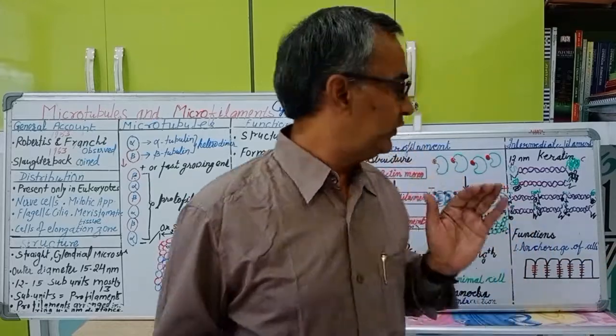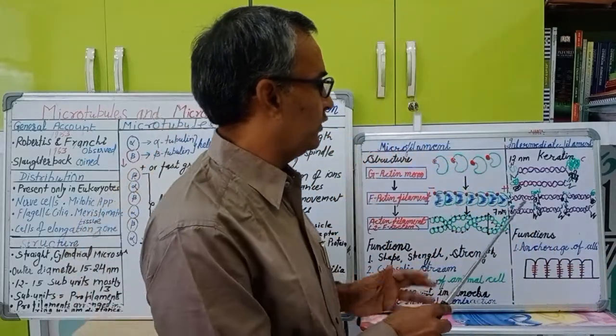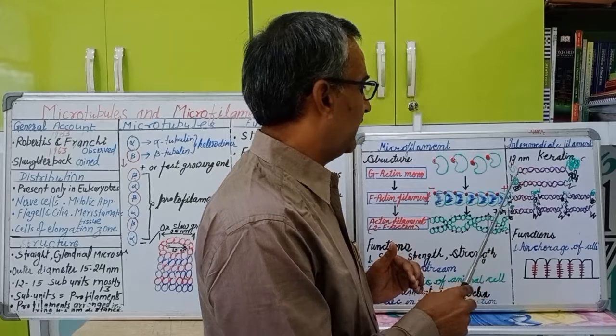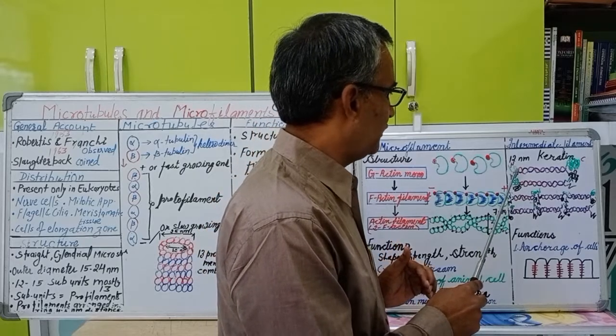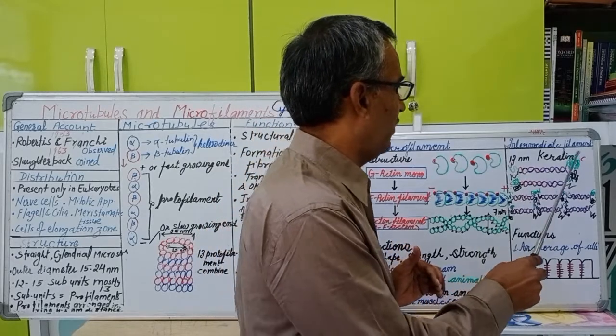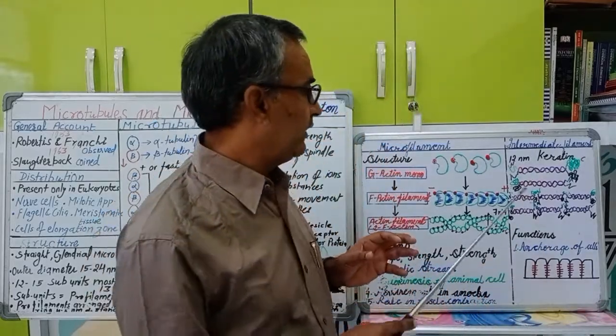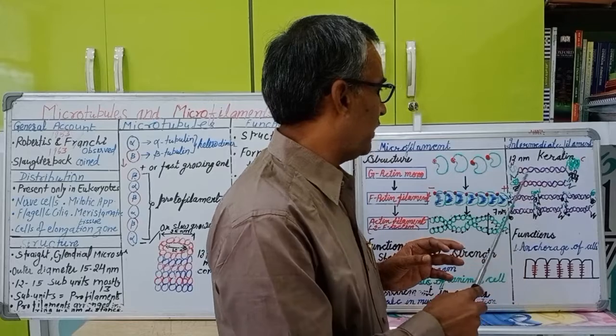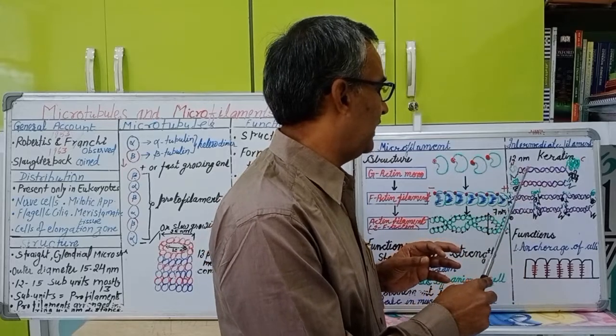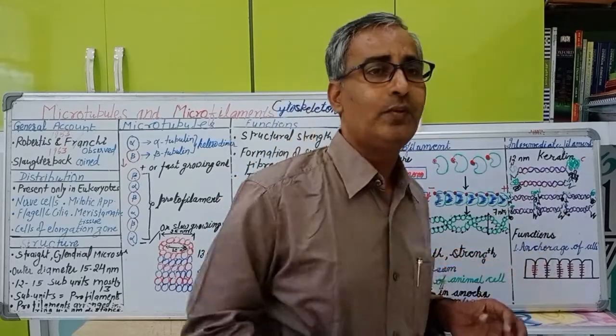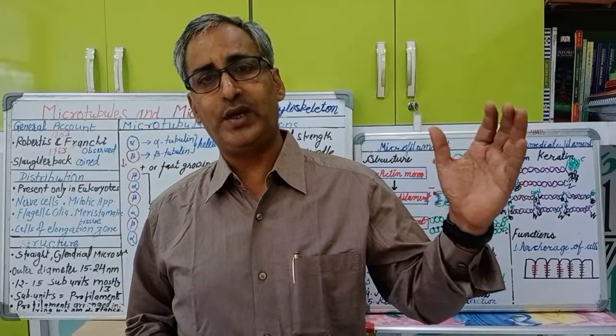Why is it so? If we see the structure of intermediate filaments, they are formed mostly from keratin proteins. A keratin protein has an N-terminal end on one side and a C-terminal end on the other side of one polypeptide sequence.